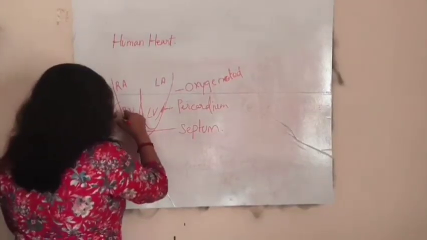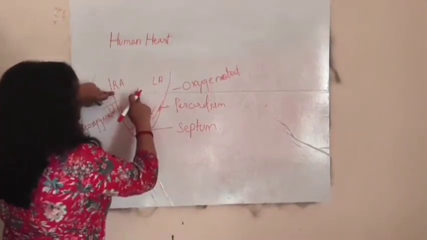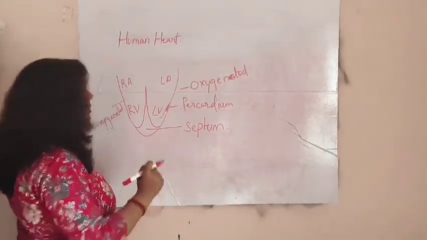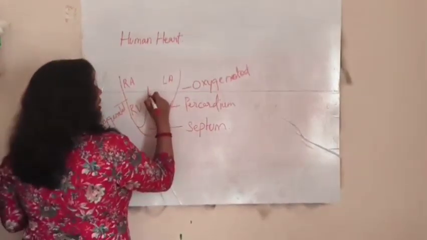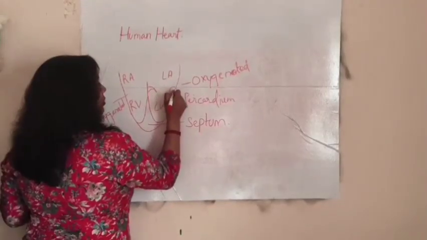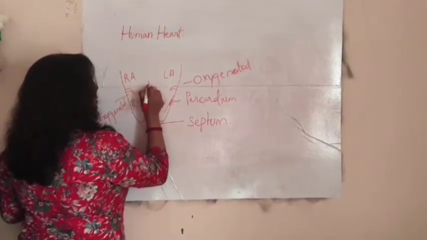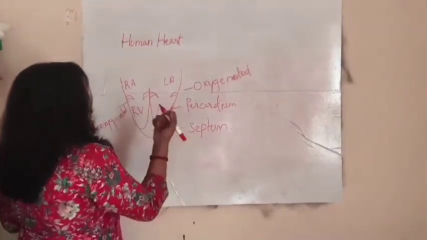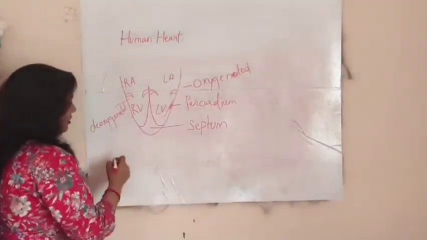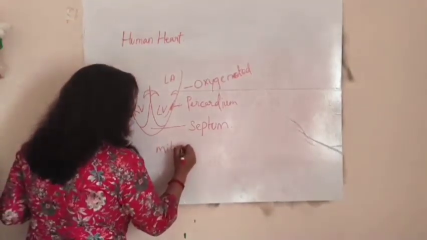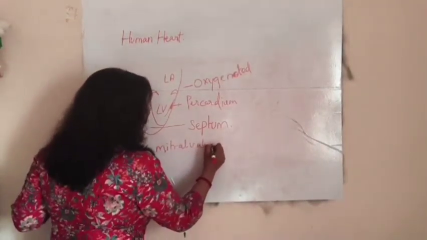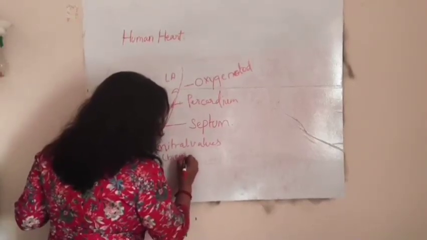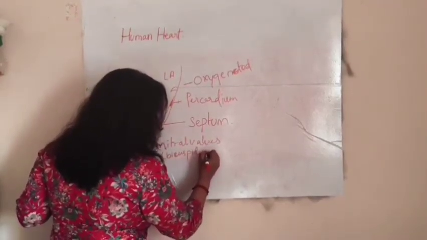Well, now so we need to make sure these 2 chambers are separate as well, right? Okay, so we have something called the atrioventricular valves. What do we have? The atrioventricular valves. Okay, so the left hand side valves are called the mitral valves or the bicuspid valves.